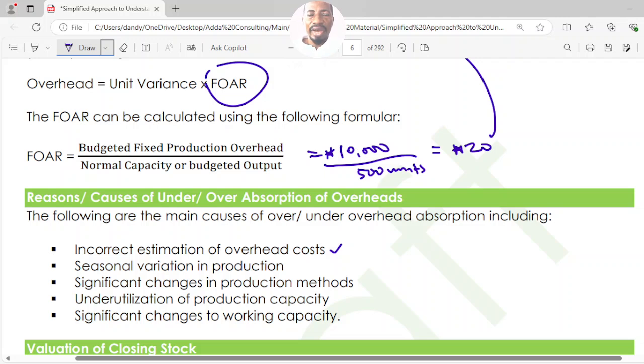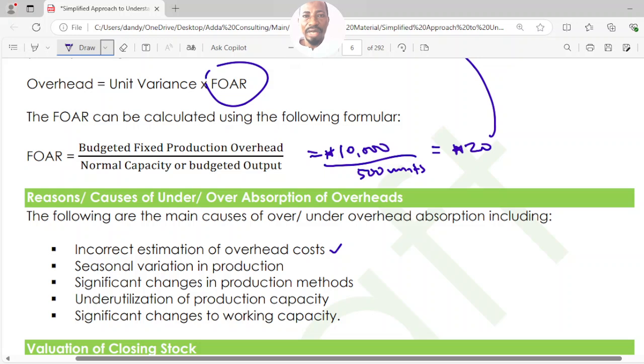All those overheads that the company will incur when you are budgeting it. Budget is an estimate. It's not the actual cost. So there's likelihood that based on the information available to the management, they can overestimate or underestimate the budget estimate.